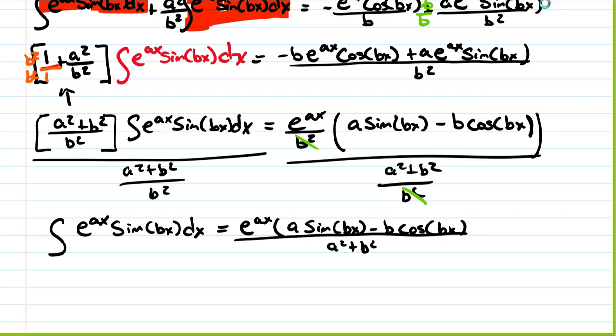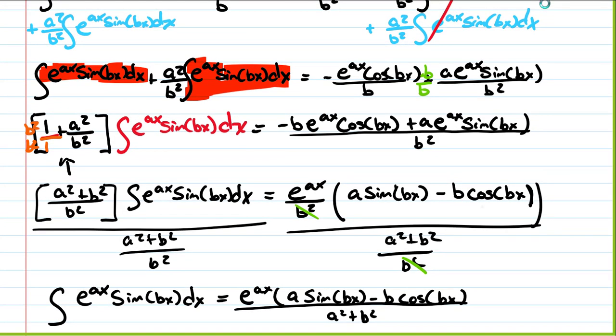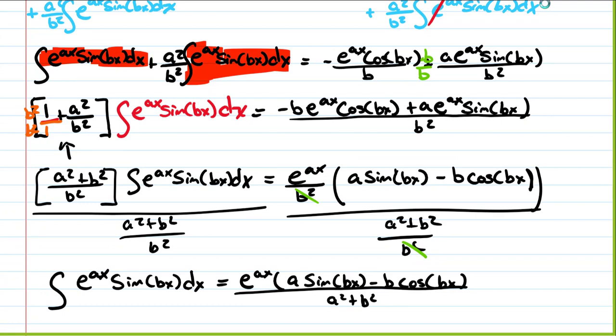So the most important part of that entire thing was the technique that we used up here, where we added the same integral to both sides of an equation. The key thing to remember here is that integration by parts gives us an equation. So if we need to move things from one side to the other to help us further our goals, by all means, we can use any algebra at our disposal.